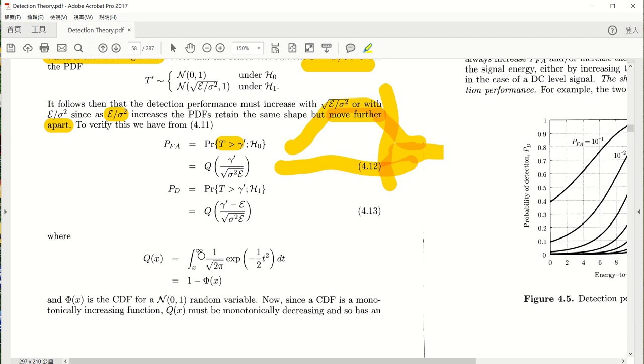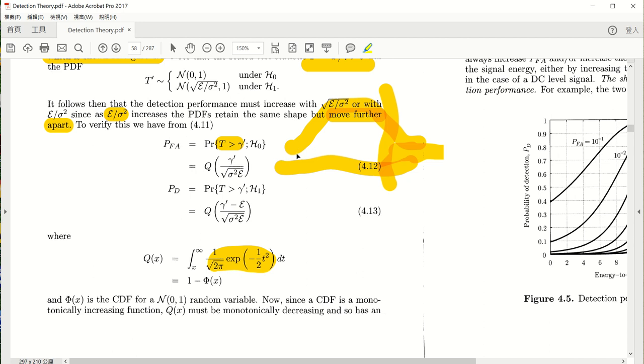Okay. So this is just a reiteration because I think in previous chapters we have been discussing this a couple of times. It's a standard Gaussian distribution, and you go from x to infinity, which is the tail probability. And of course, it could be 1 minus capital Phi of x.